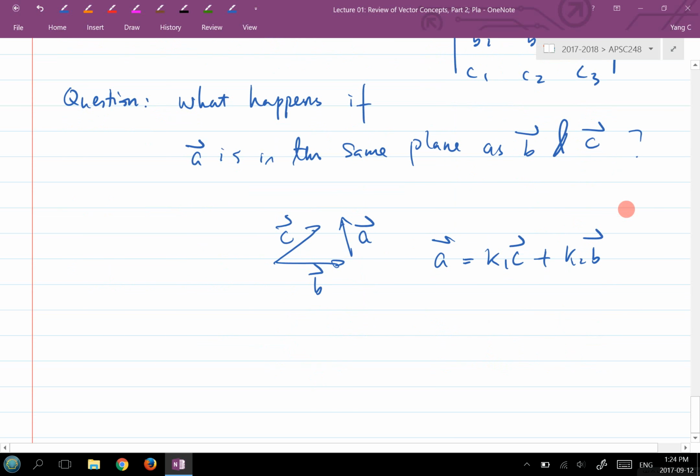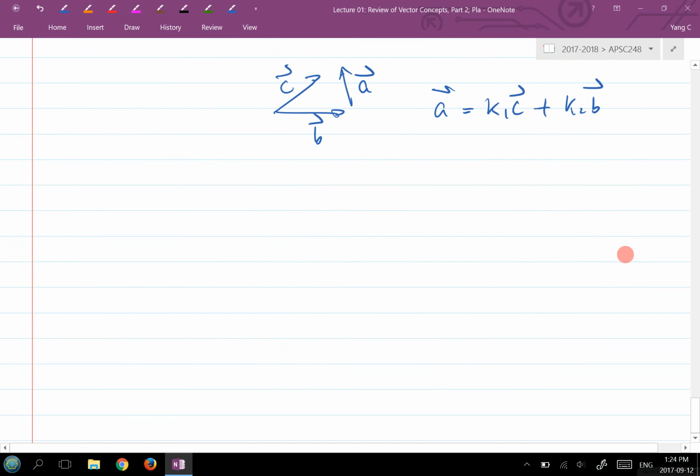Before we move on, let me ask you another question. We looked at the volume of the parallelepiped.